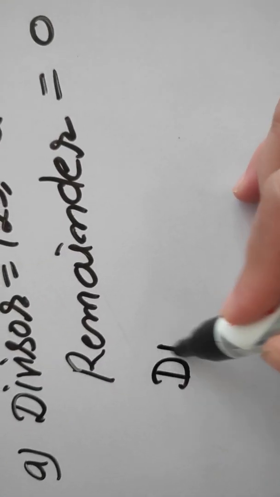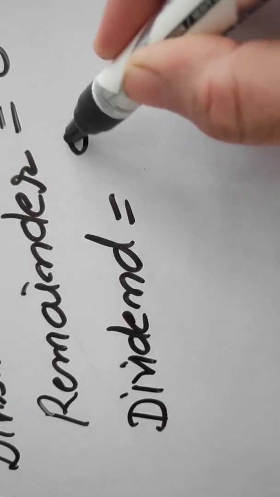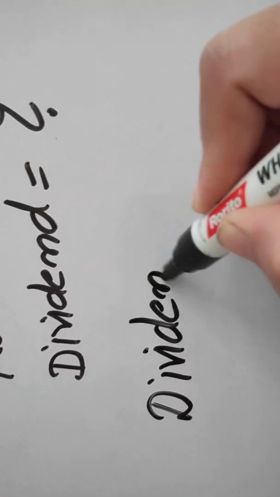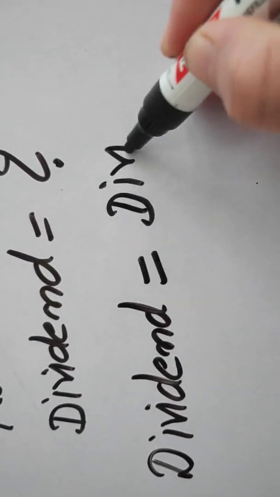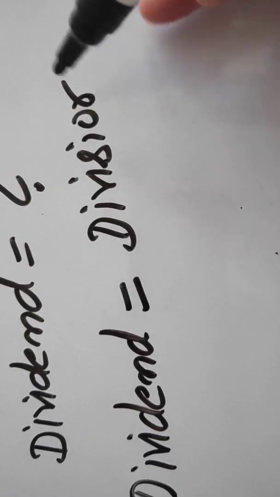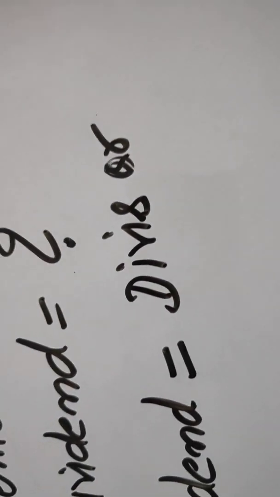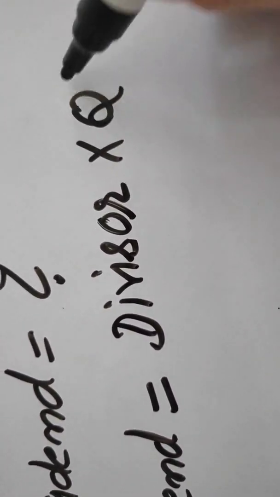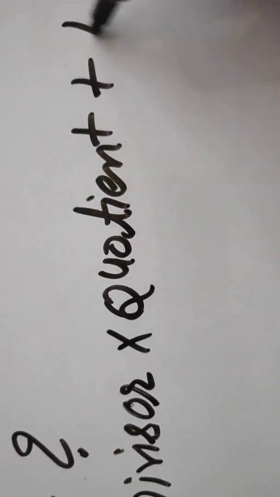What we have to find out, and what do we have to find out in this? It is not given, we have to find out the dividend. How we will find out? The formula of dividend is dividend is equal to, means dividend we can find out when we multiply divisor by quotient plus remainder.